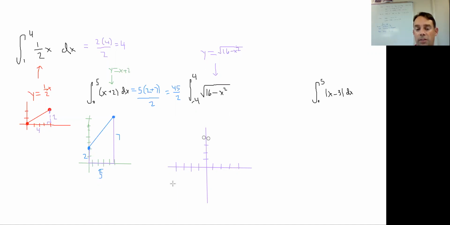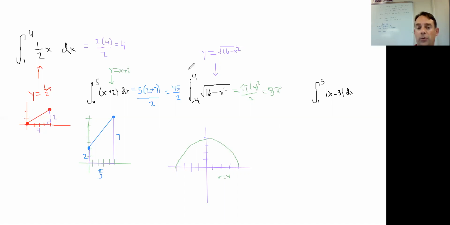If I were to take the area of that, what this shape looks like is the area of a semicircle. So the radius is 4. So pi r squared, and then divided by 2 because it's only half of 1. So pi r squared divided by 2. And we get 16. Oh, 16 pi over 2, or just 8. 8 pi.